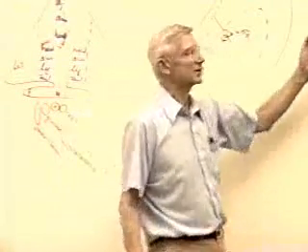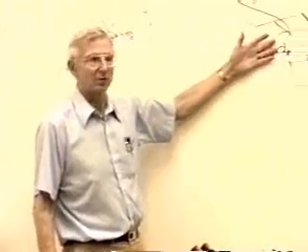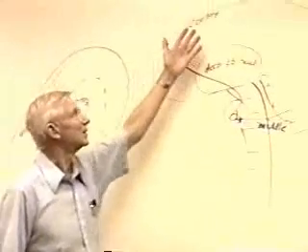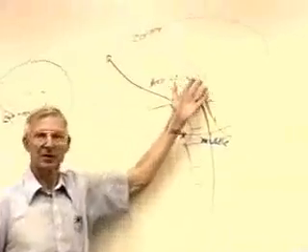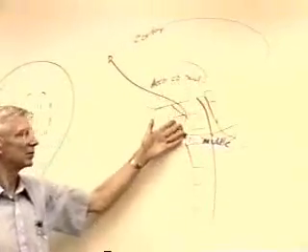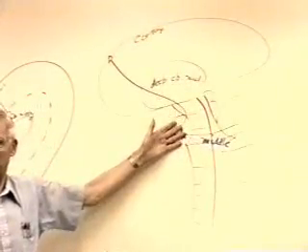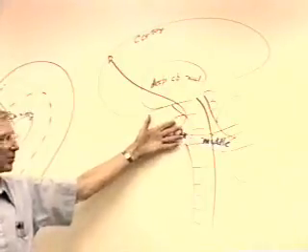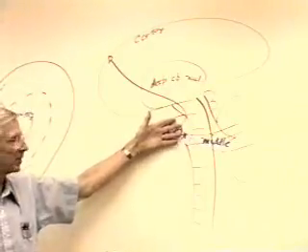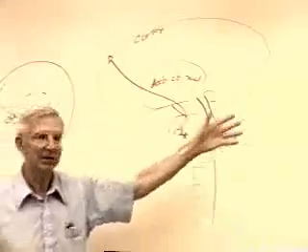And it turns out that there's a fairly sharp point-to-point projection of frontal, parietal, occipital, temporal cortex into pons. And a fairly sharp projection, point to point, from basis pontis into cerebellar cortex.